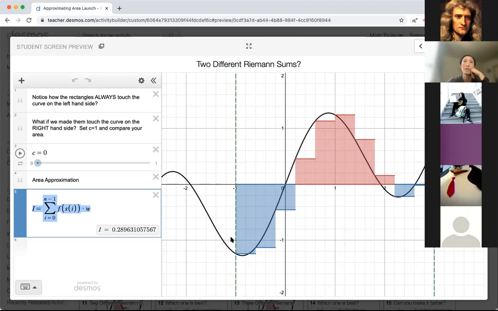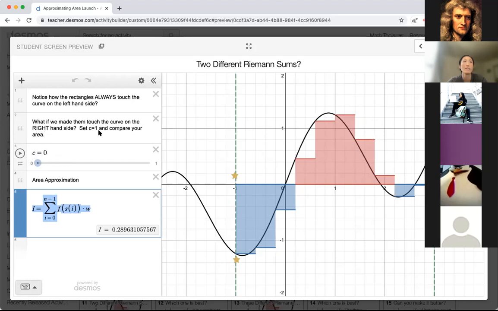Now, notice in this picture right here, we've got one kind of approximation. We've got a left rectangular approximation. And we can check that it's a left approximation because look at this first blue rectangle, right? The left value is -1 and the height of the rectangle is dictated by that left-hand value. But if you want to see what the right-hand approximation looks like later on, you can go back and change this C value.